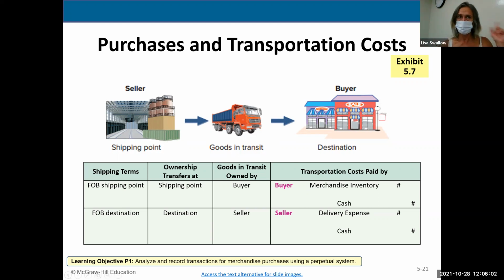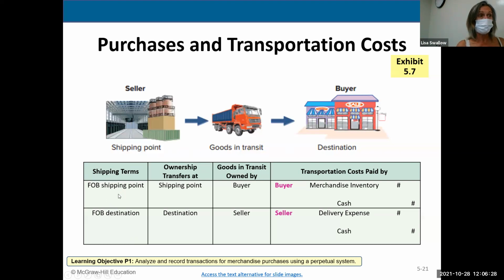So please process, there's a lot of information on the slide. Your first question when you're looking at freight is, am I the buyer or the seller? If I'm buying the inventory, that's very different from if I'm selling it. Question B, is it FOB shipping point or FOB destination?